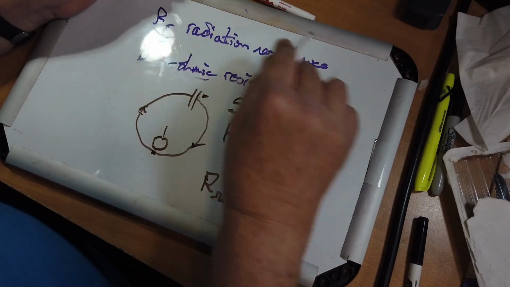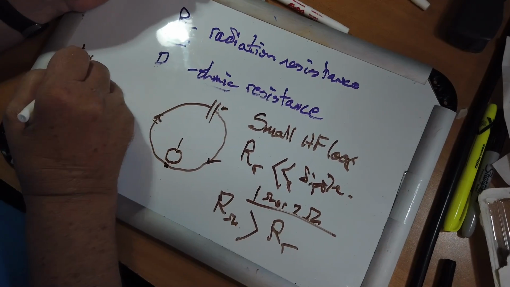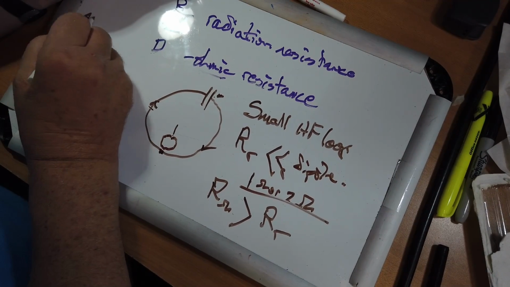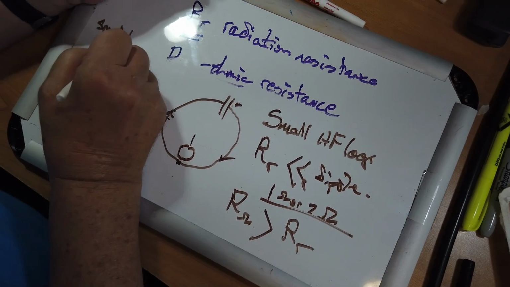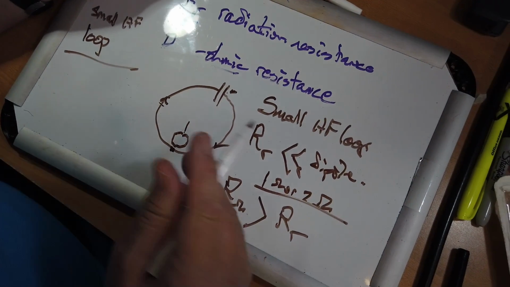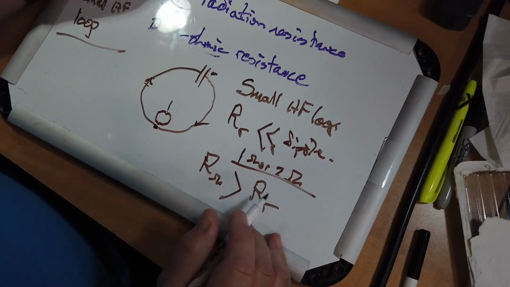So the design objective in a magnetic loop antenna, and I point out that mag loop is a misnomer. It's a small HF loop, often called a mag loop. I'll call it a mag loop because that's what everybody else does, but note that that's a misnomer.